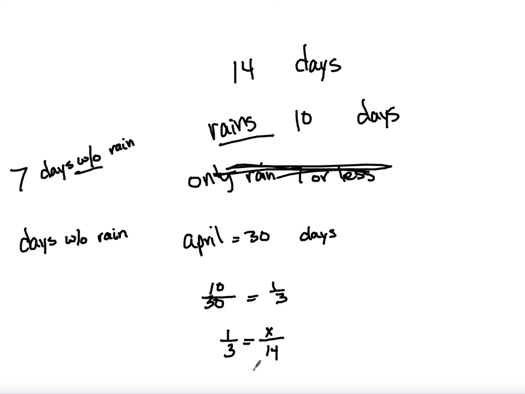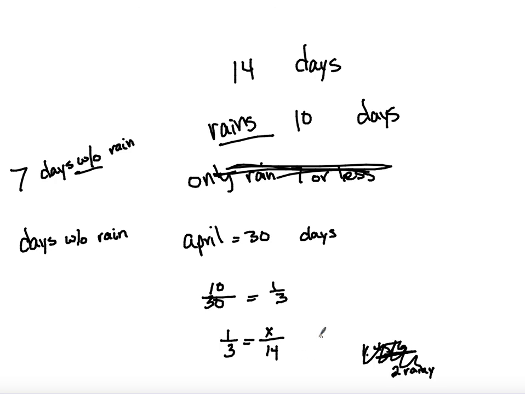You also need to think, here, 3 doesn't go into 14 nicely, so I'm going to get a decimal. Whatever my decimal is, so let's say that it was 1.456, you have to make this a second day, because that means it's going to rain one day and then part of another. So that means they're going to have 2 rainy days. Okay, that isn't the actual answer though, just so you know.